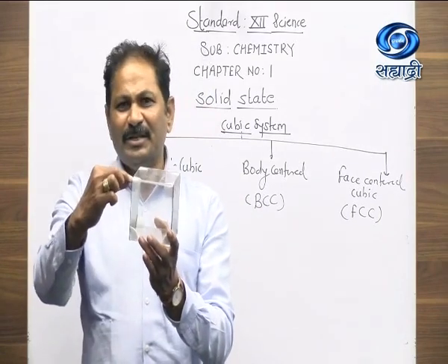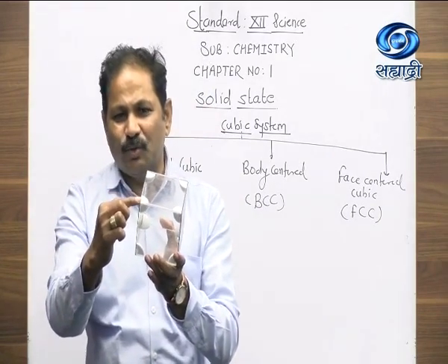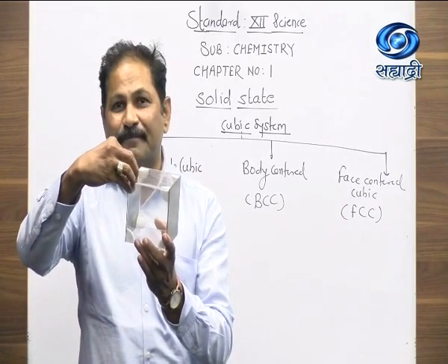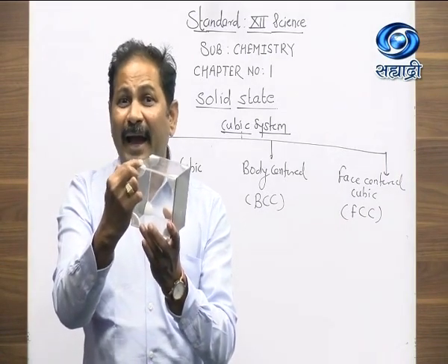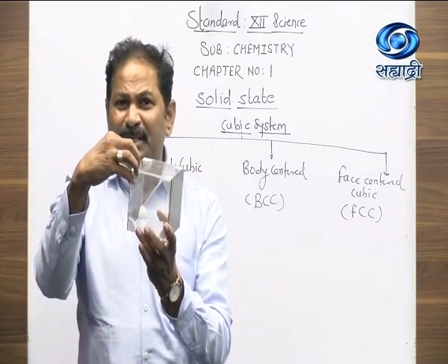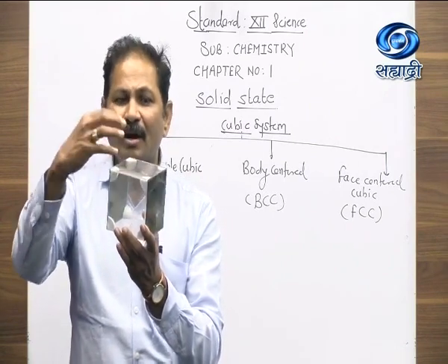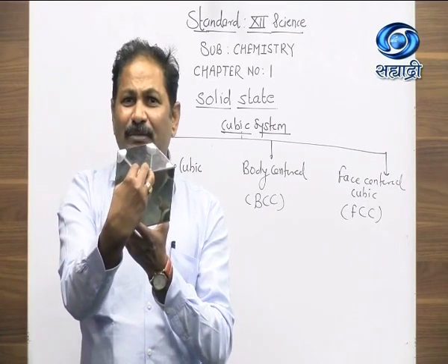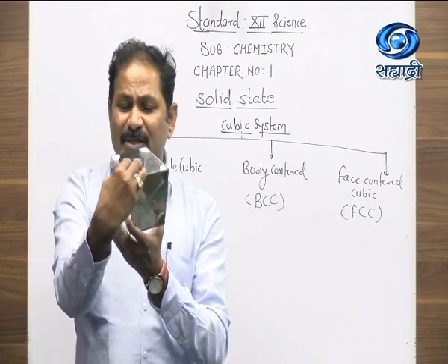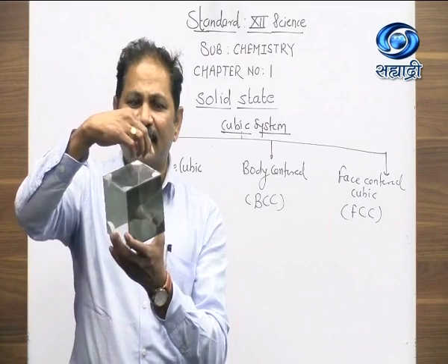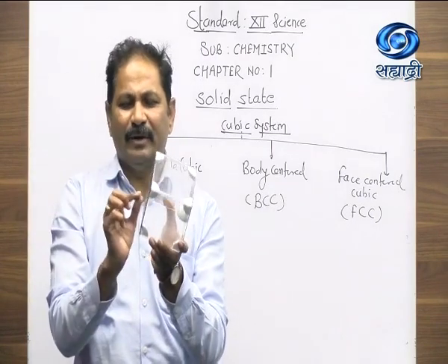Now, how is it simple? If we look at the corner of this particular cube, one sphere is there. Only one-eighth of that complete sphere comes into this unit cell. One-eighth of the sphere comes into that cell, again 1/8, 1/8, 1/8.